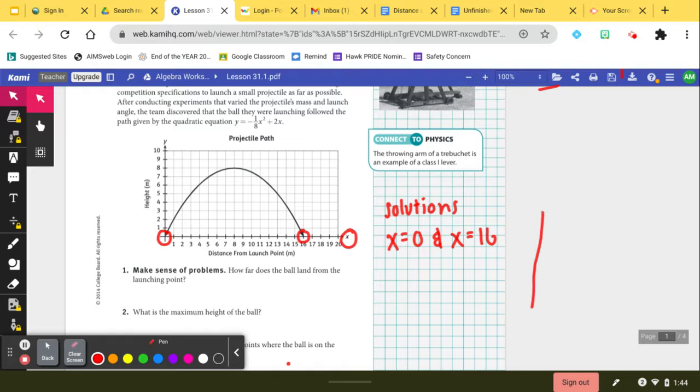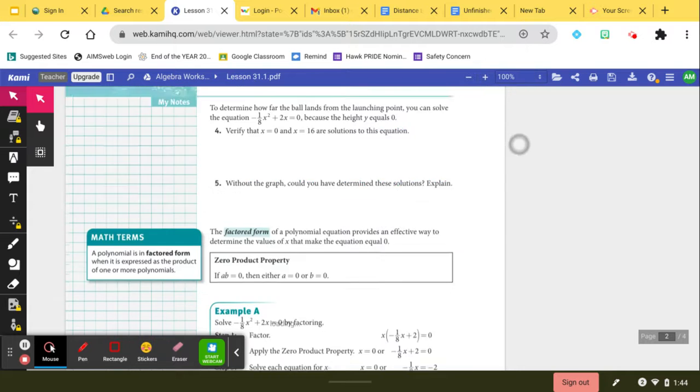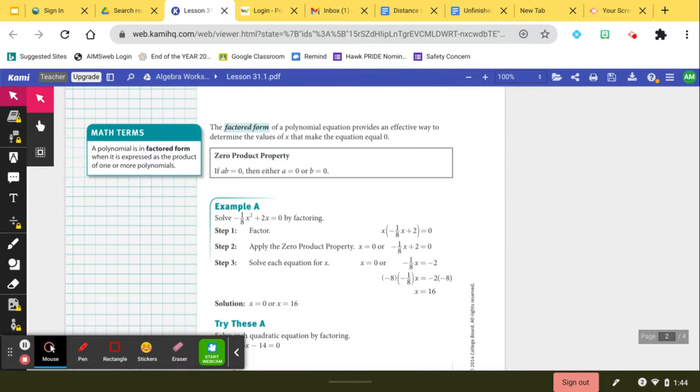And this will require us to know our zero product property. So our zero product property tells us that if A times B equals 0, that means A equals 0 or B equals 0. So in order for two things to be multiplied together and equal 0, one of them has to be 0.